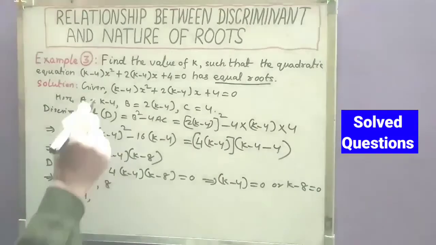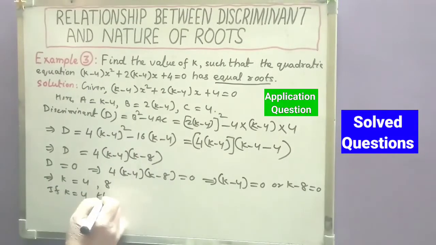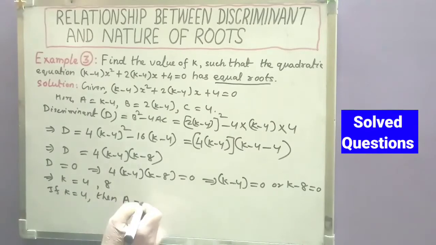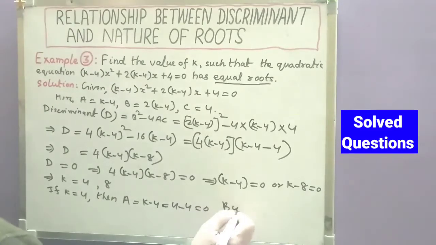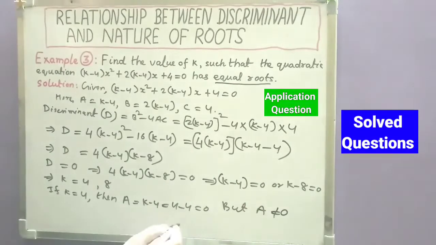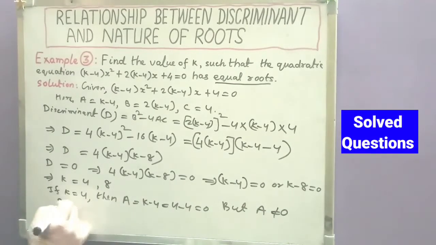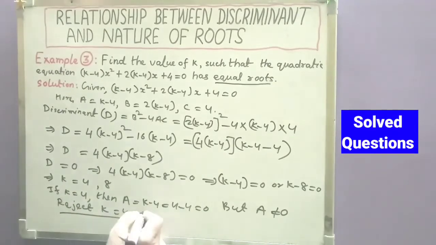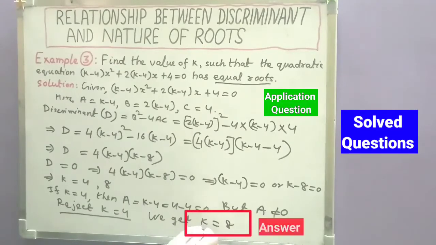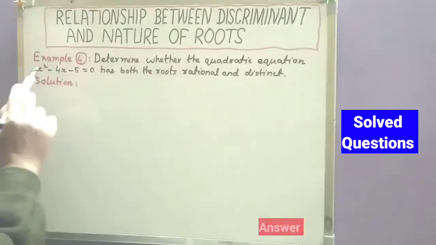If k equal to 4, then a equal to k minus 4, that equal to 4 minus 4, that equal to 0. But a can't be equal to 0. So reject the value of k equal to 4. So we get the value of k equal to 8, which is your required answer.